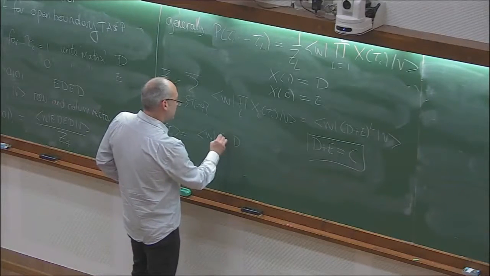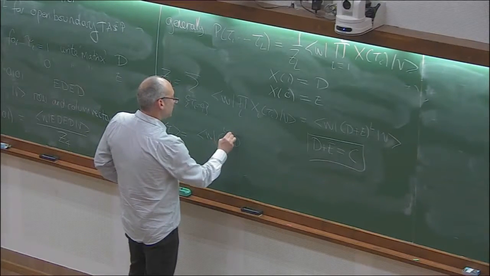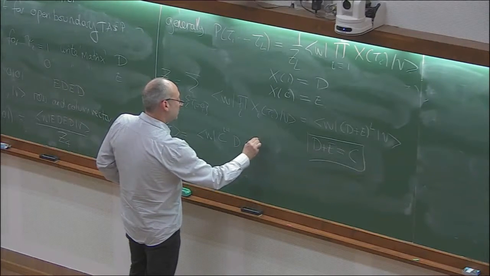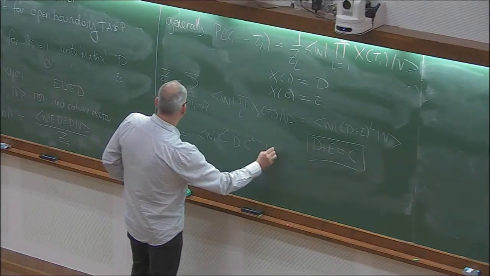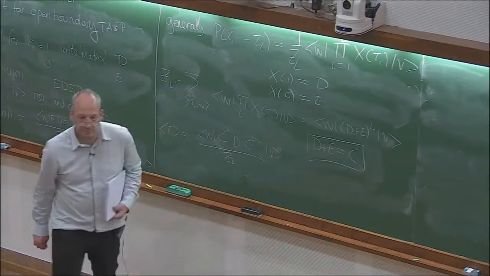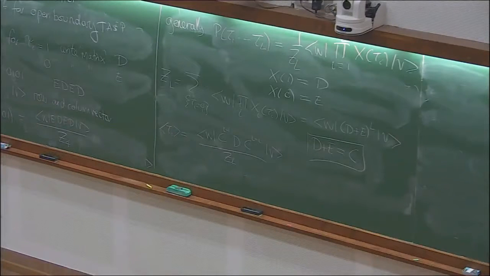So I'll have C to the i minus 1, D, and C to the L minus i, since the whole thing is length L, and then over my normalization Z_L. Okay, maybe I went a little bit quickly there. It's actually quite simple.